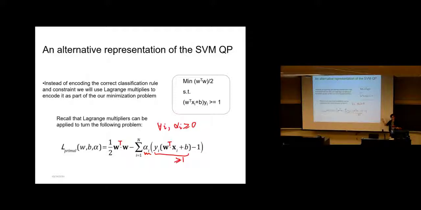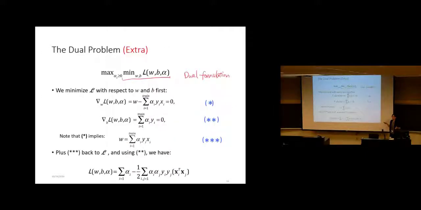This time it's the alpha, called the Lagrangian multiplier, or alpha sub i. So for every training data, there's an alpha i. Every training sample. All right, this is so complicated, right? It's even more complicated.